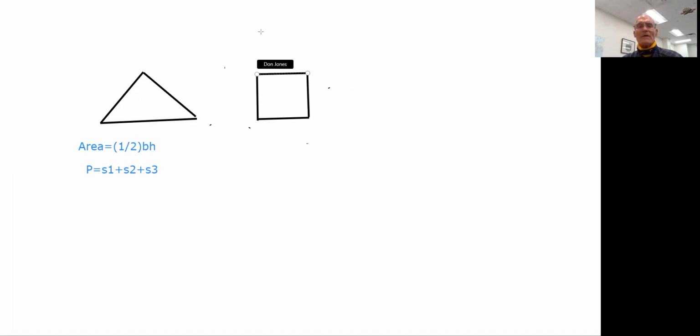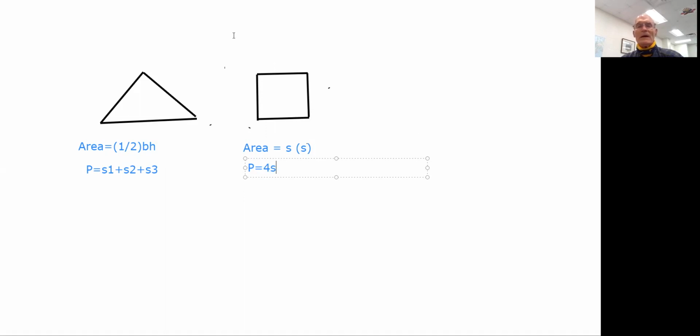But the square, if we look once again at the area, equals side times side, or side squared, and the perimeter is equal to 4 times the side, so the perimeter would be 4s.